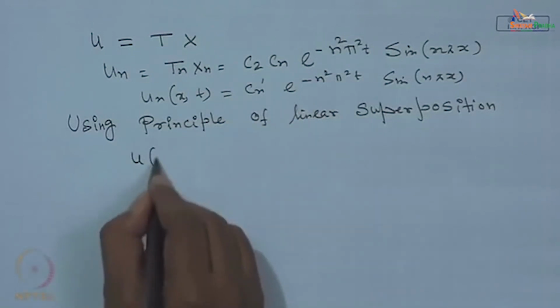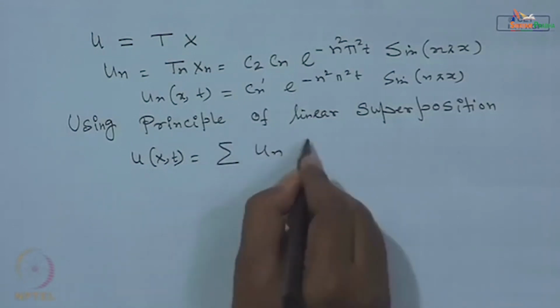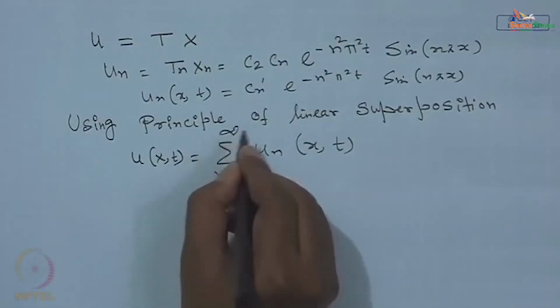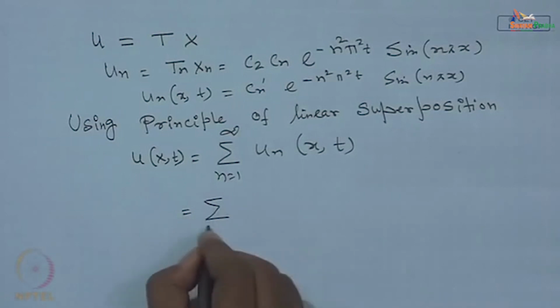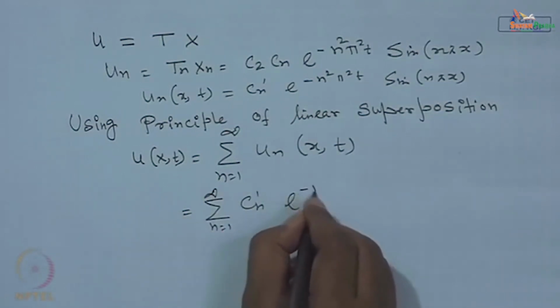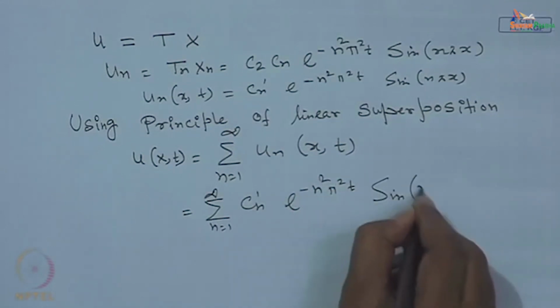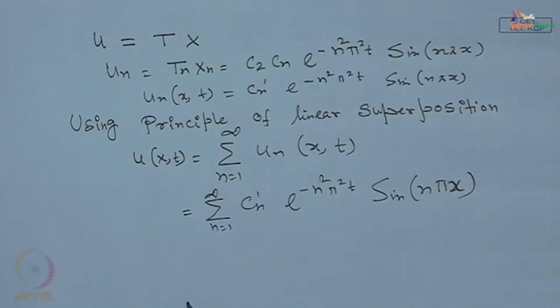So, u as a function of x and t should be the summation of u n as a function of x and t, n is equal to 1 to infinity. So, we construct the solution: summation n is equal to 1 to infinity C n prime e to the power minus n square pi square t sin n pi x. Okay.